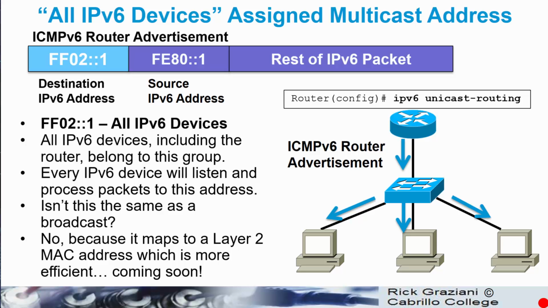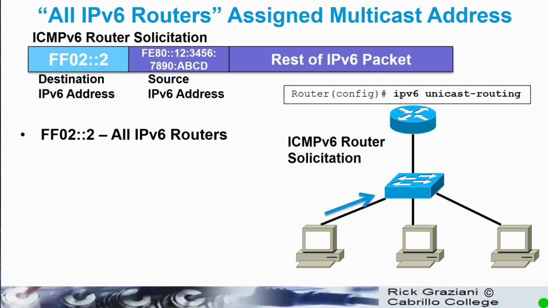Is this the same as a broadcast? No. The important difference between the two is it maps to a layer 2 MAC address, which is more efficient. And that's really the big thing, but there's a huge part of that. So we're going to talk about that coming up, but it's similar to a broadcast, even though it's not the same.